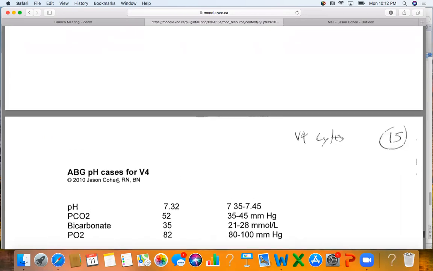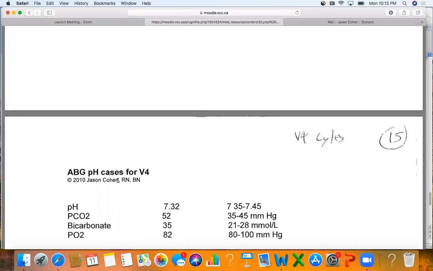What's this partial compensation bit? If the body is able to push pH back into a normal range, we'd say the body is fully compensated. That doesn't mean the problem is solved, but it means for the time being, pH is holding its own in a normal range.